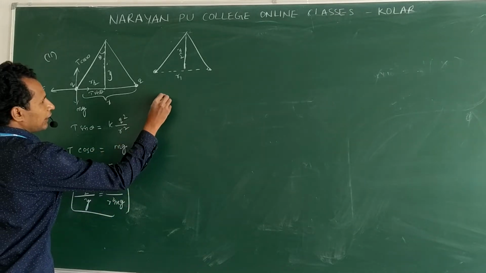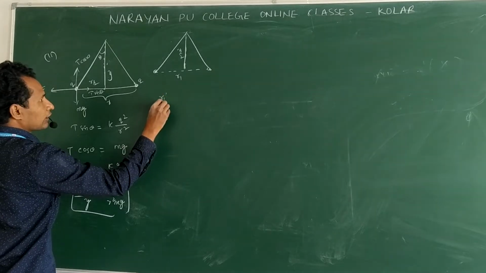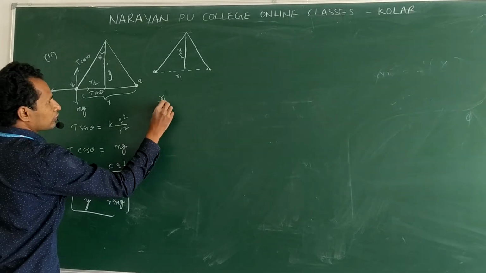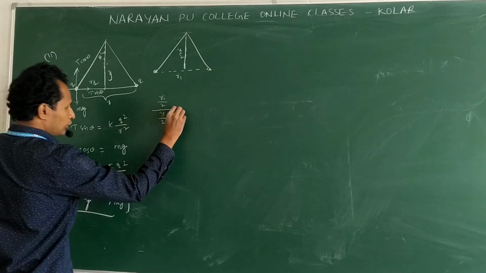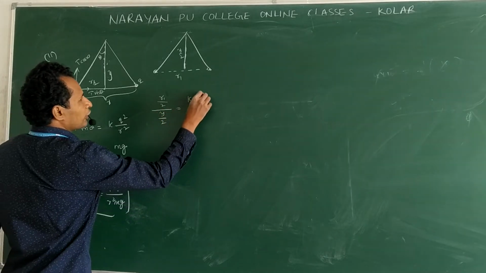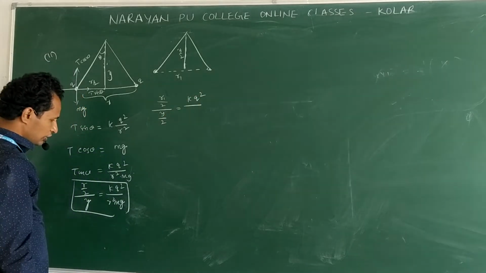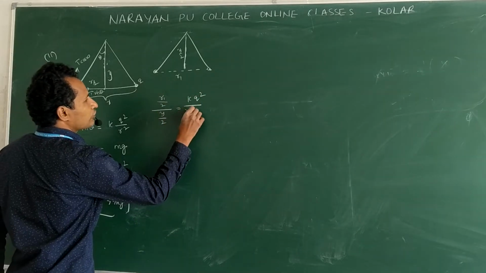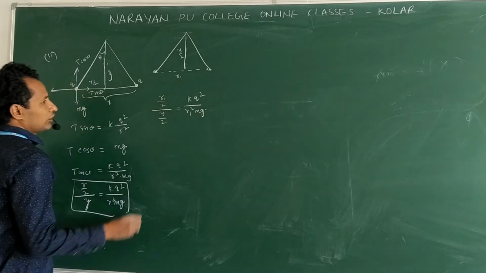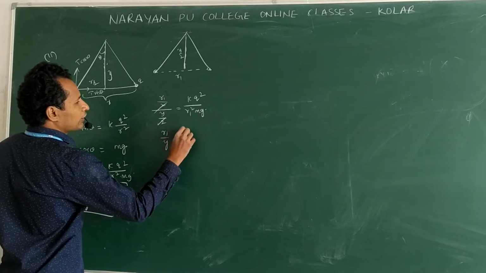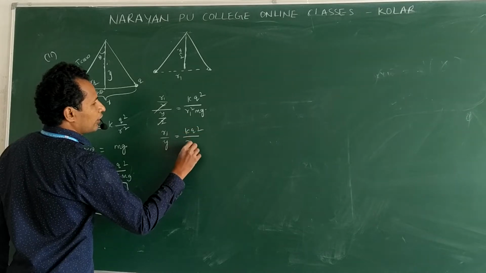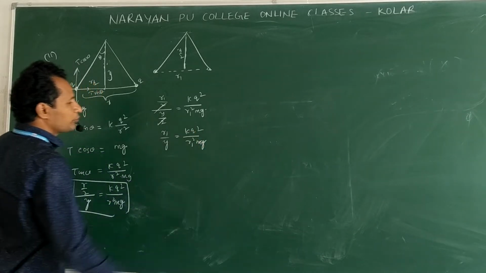This I can write, r1 dash, take it r1 by 2 by y by 2 is equal to k q square, charge not changed, by r1 square mg. These two cancel. R1 by y equals k q square by r1 square mg.